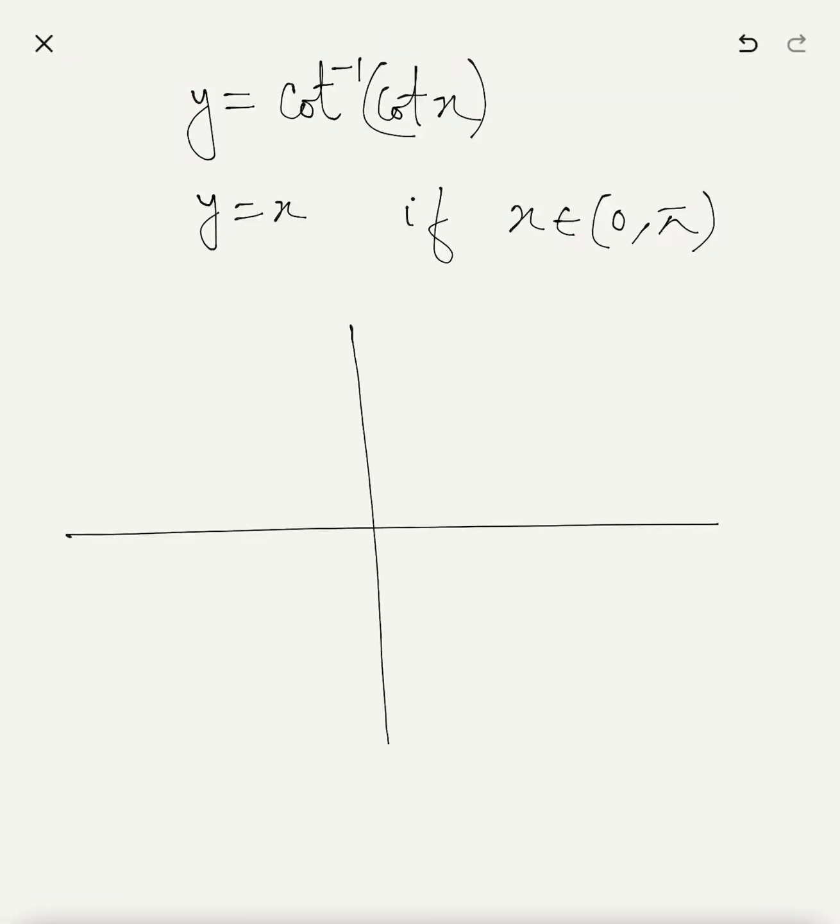In tan your graph was below the x-axis also, but here since your boundary is from 0 to pi and both are open, keep in mind that your graph should be between 0 and pi only. So let us draw it.